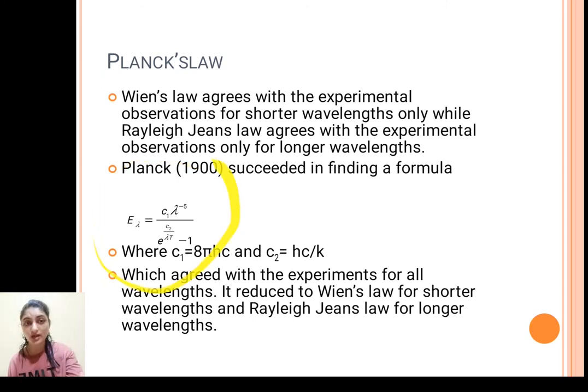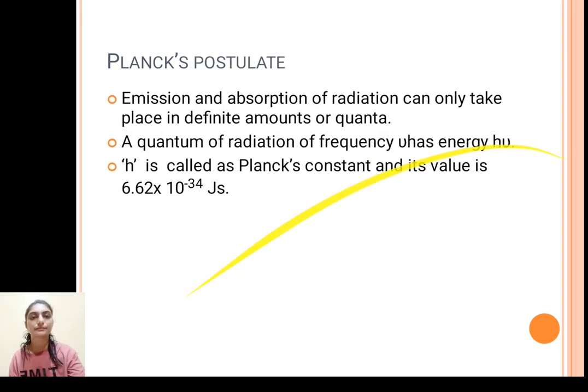So the same formula can reduce to Wien's law when the wavelengths are shorter, and it can reduce to Rayleigh-Jeans law for the longer wavelengths.